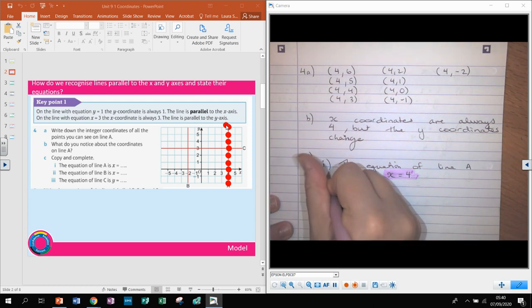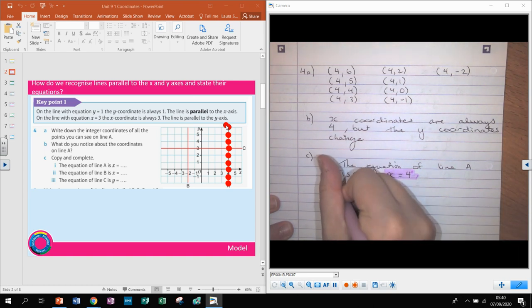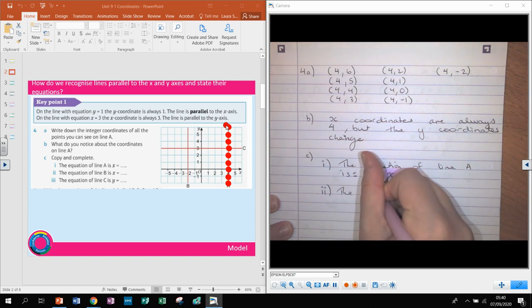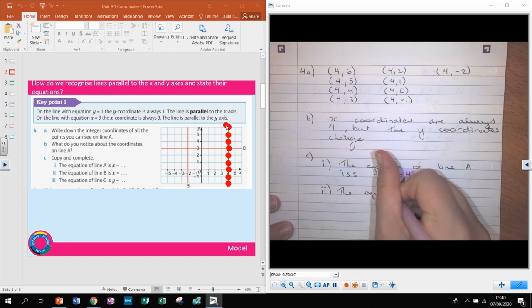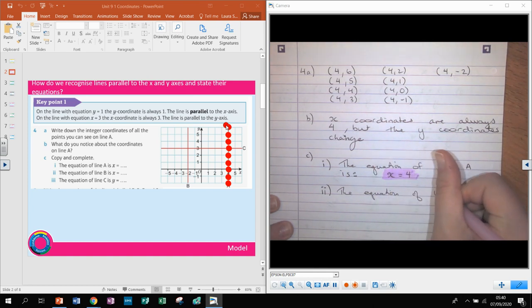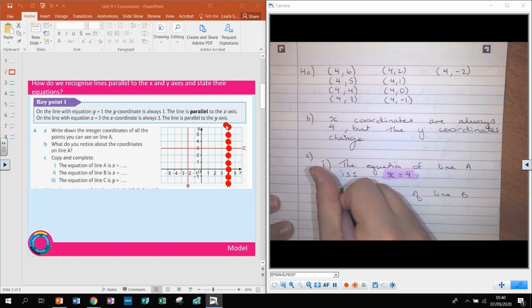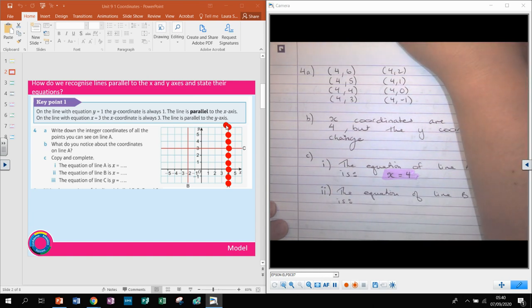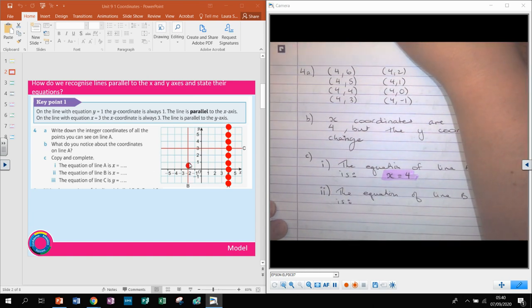So let's look at part 2, where it says the equation of line B is, well, let's look at B. This is B. Okay, it's also a vertical line, so x will be equal to something, but we need to know what that constant is.